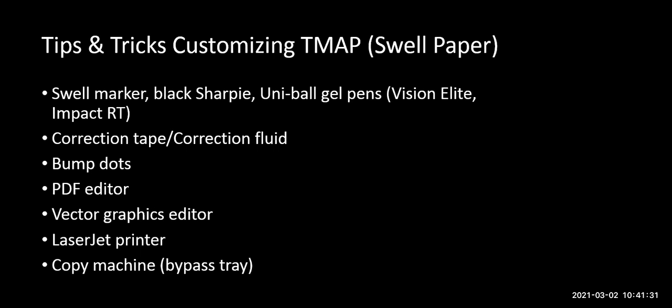Bump dots, as we all know, come in a variety of shapes and sizes, and they can be used to highlight a specific target area, like a specific building that you want to emphasize.